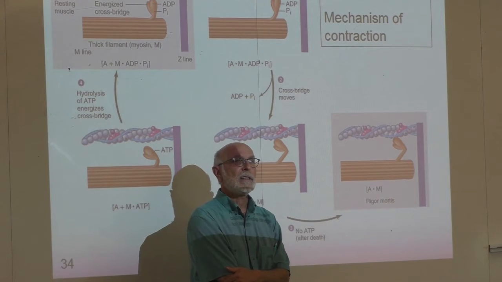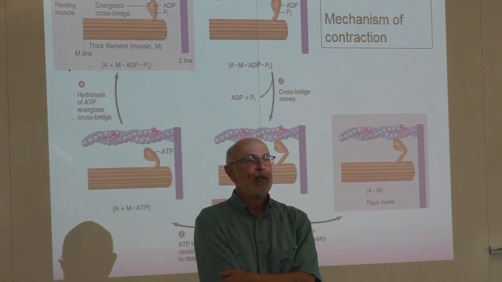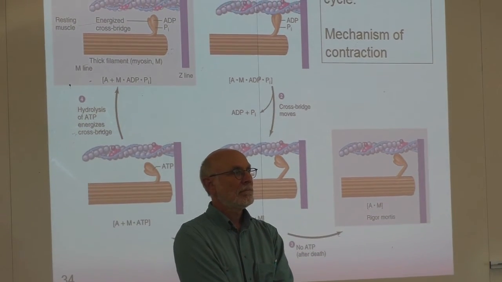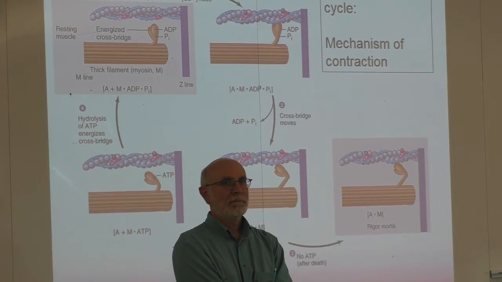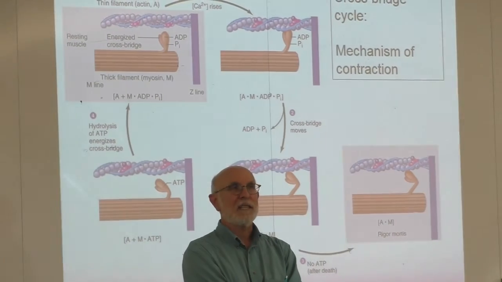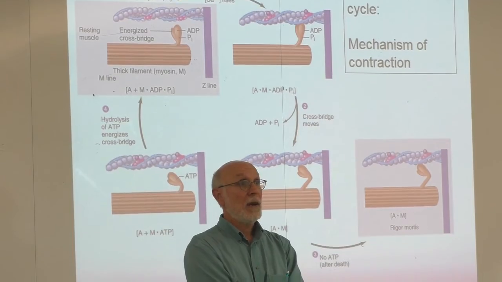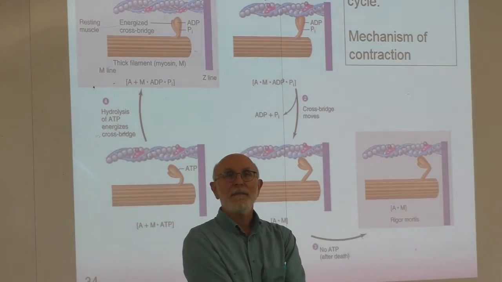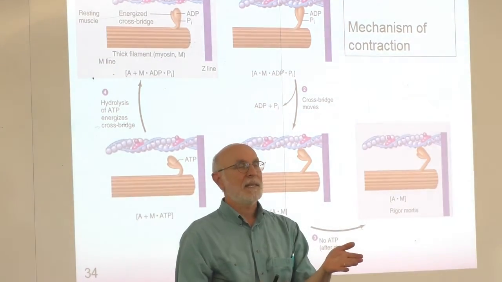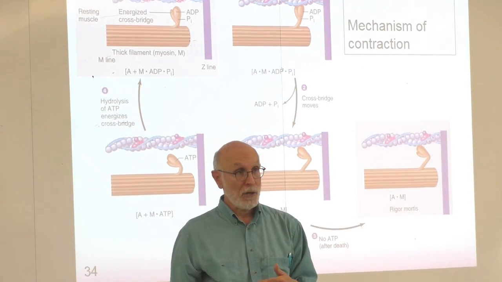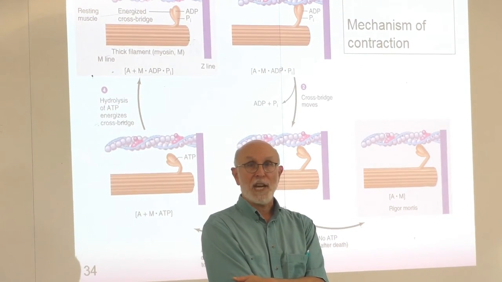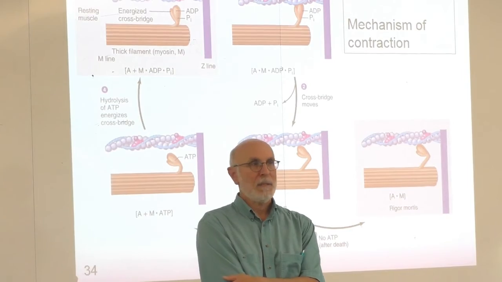Go back to cell physiology. Why do mitochondria need oxygen? Oxidative phosphorylation. Oxygen is the final electron acceptor in the electron transport chain, which we need to make ATP.